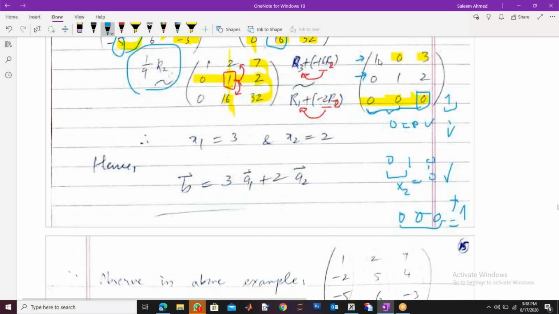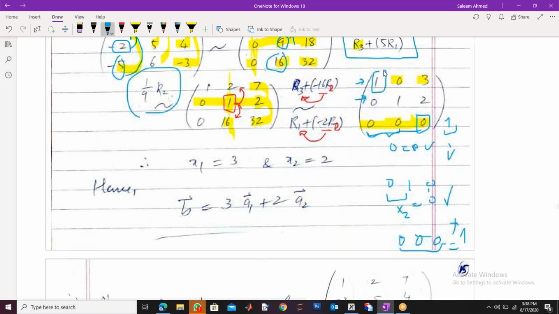So from here your x1 becomes 3 and x2 becomes 2, because it's the augmented matrix. The first two columns are for x1, x2 and the last is the right-hand side. So x1 becomes 3 and x2 becomes 2. Got it? So that is your solution.